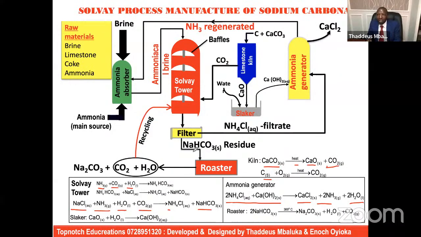Sodium bicarbonate is less soluble, while ammonium chloride is very soluble, so we are able to separate them using either filtration or fractional crystallization. But potassium hydrogen carbonate has almost the same solubility as ammonium chloride, and therefore it will be very difficult to separate the two.